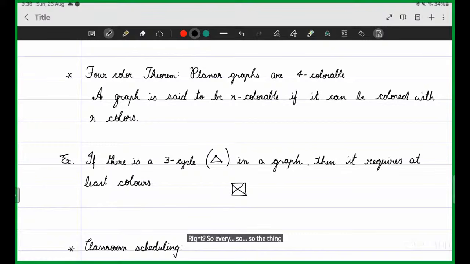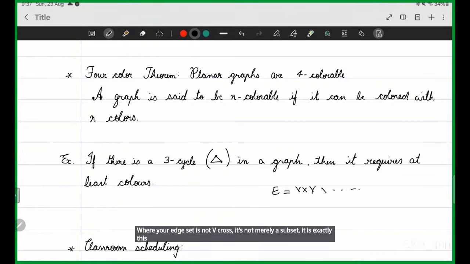If you have a finite set of vertices where everything is connected to everything, that is called a complete graph. Your edge set is not merely a subset of V cross V, it is exactly V cross V minus the diagonal, meaning the pairs (a, a).